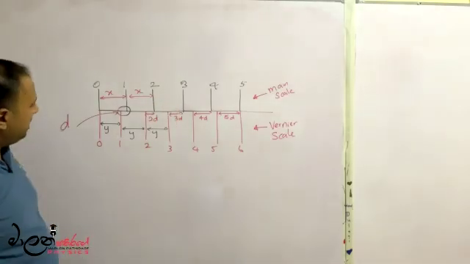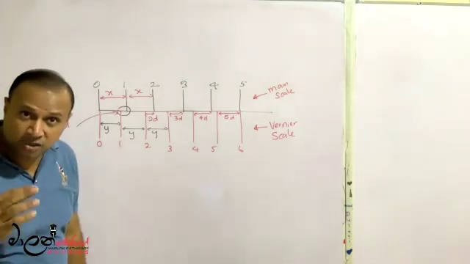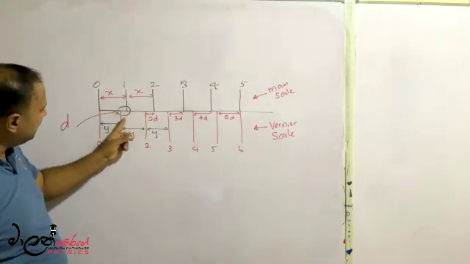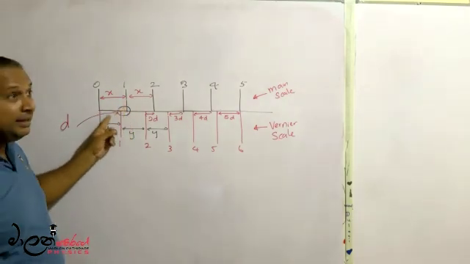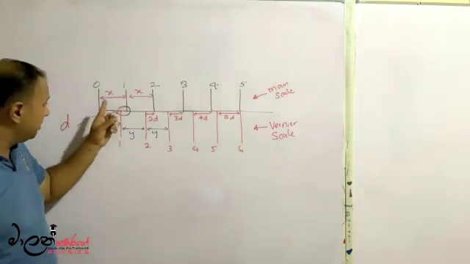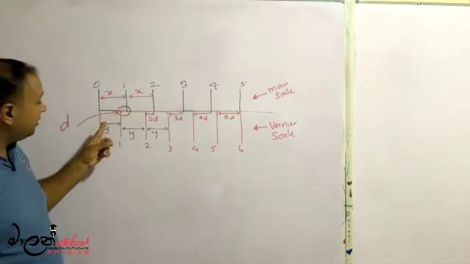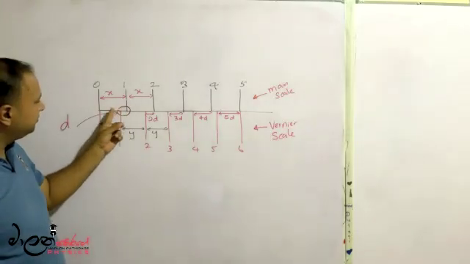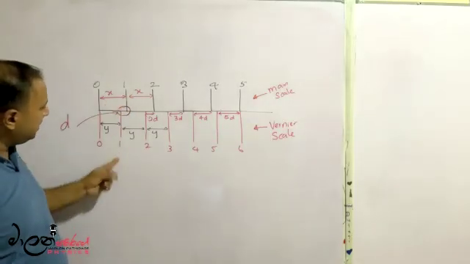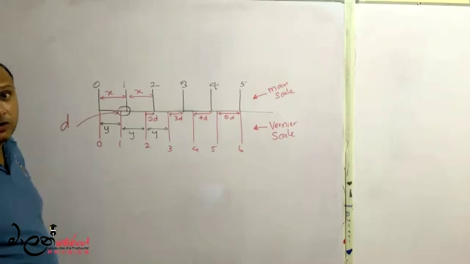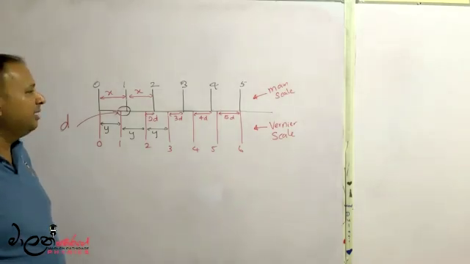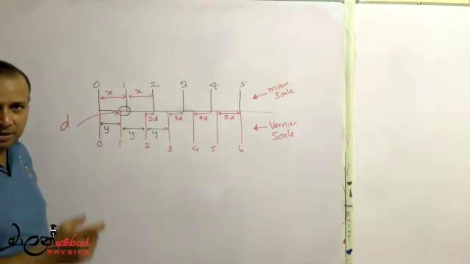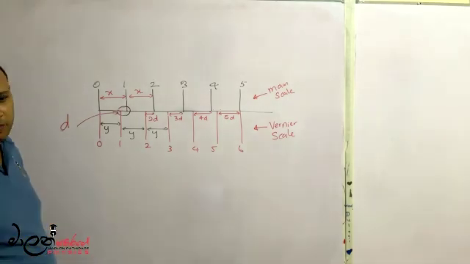By looking at this instrument, the smallest gap is the initial gap between the main scale reading and the vernier scale reading.